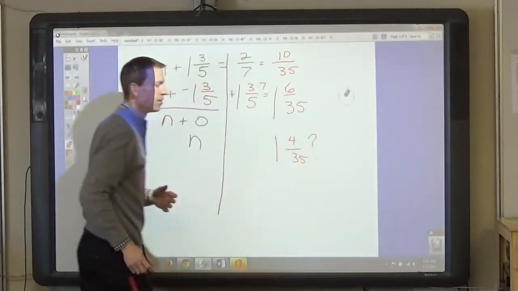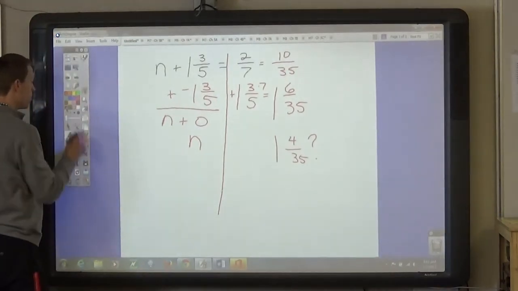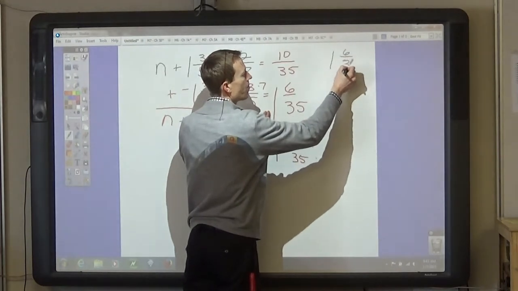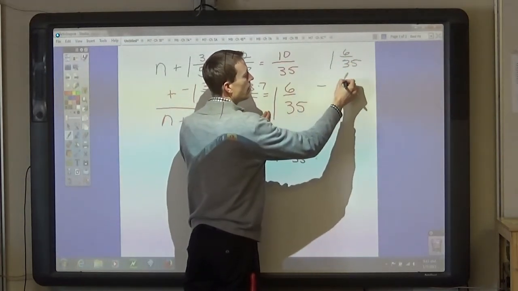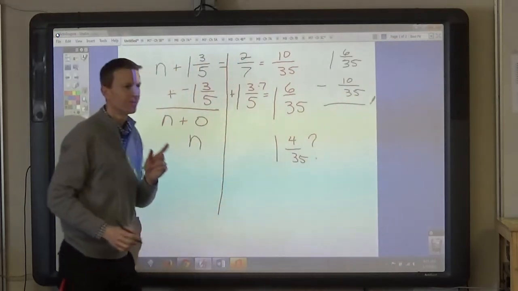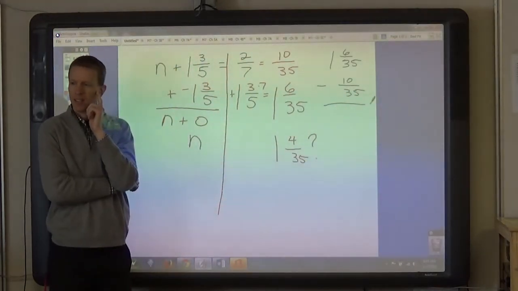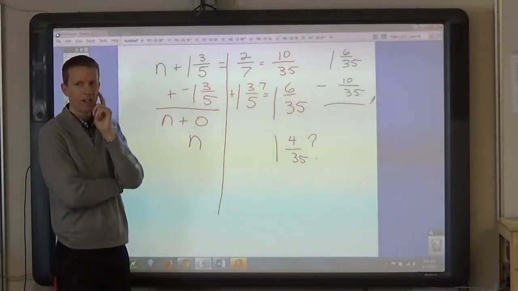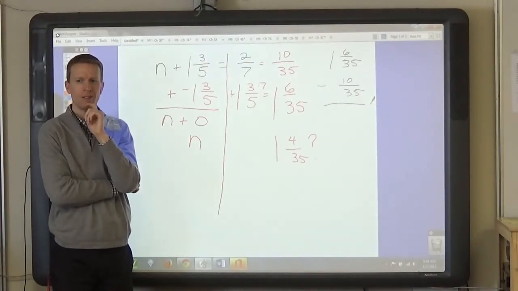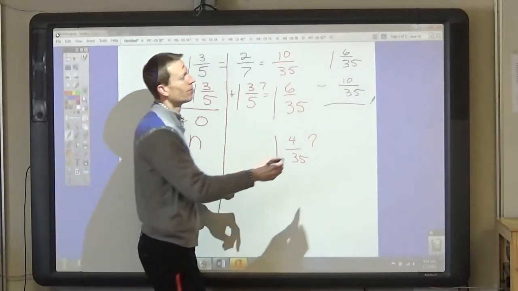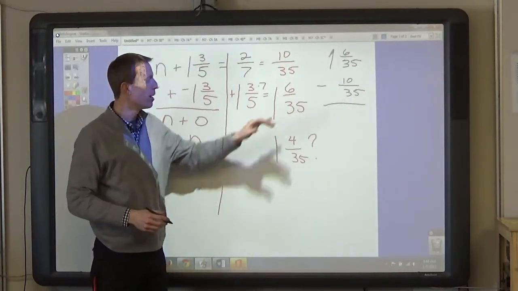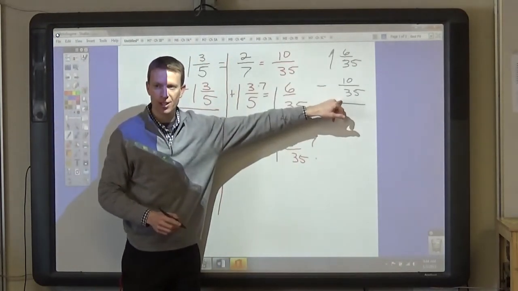Let's check this by turning it around and using the biggest absolute value, 1 and 6/35 minus 10/35. Does that work? Is that 1 and 4/35? What would we have to do, Michael? No, we can't turn it around because we have to use the bigger absolute value minus the smaller absolute value.